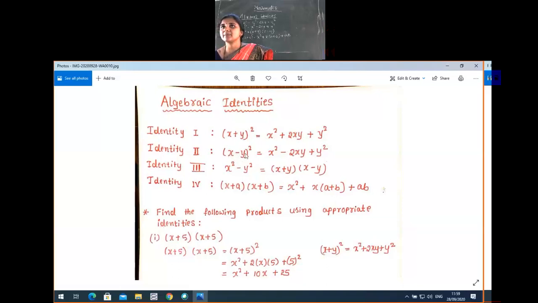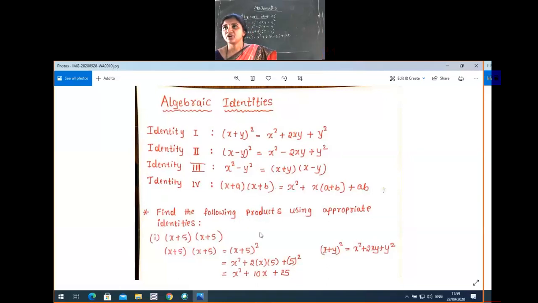A minus b whole square is a square minus 2ab plus b square. A square minus b square is a plus b into a minus b. Here always we are taking this one as x plus a into x plus b only. Or you can write it in a different method also: x plus a into x plus b is equal to x square plus x into a plus b plus ab. So this is about the 4 identities.